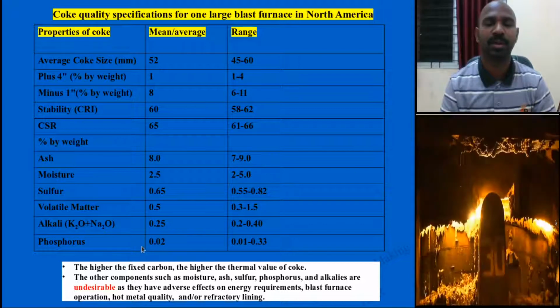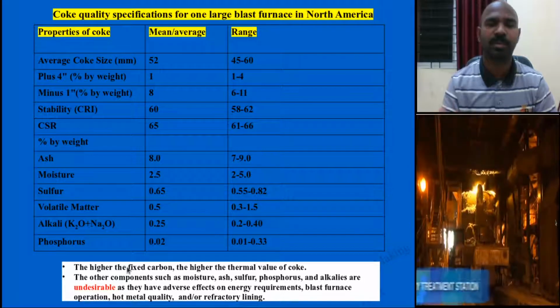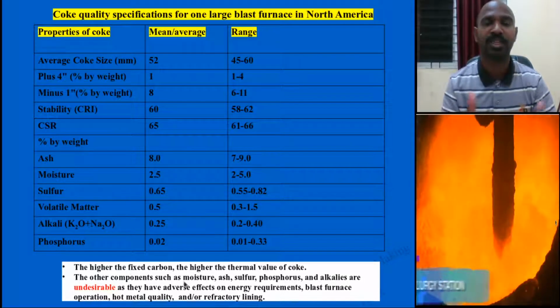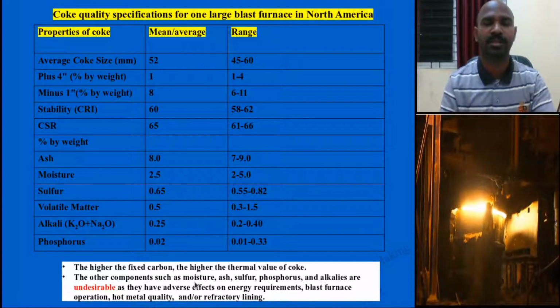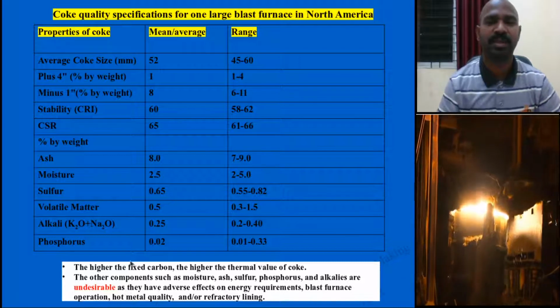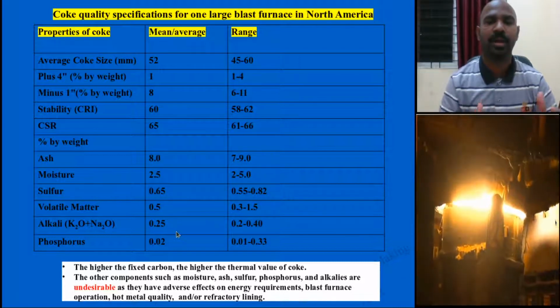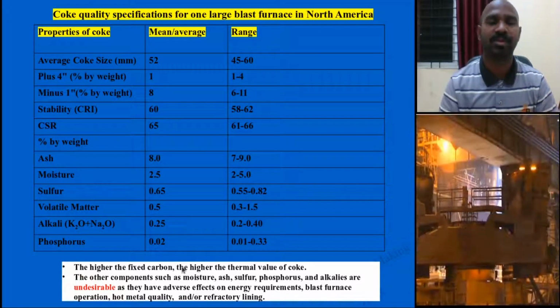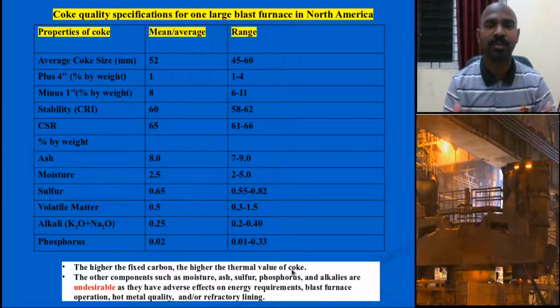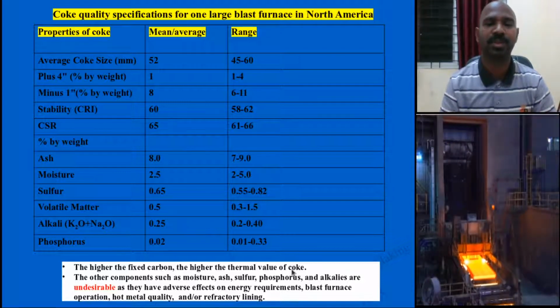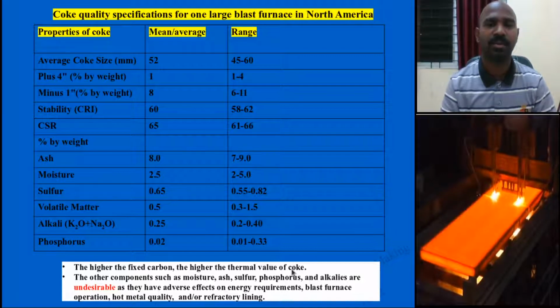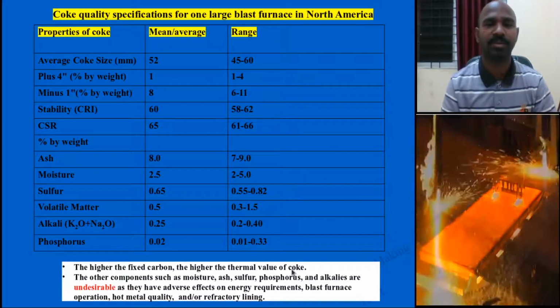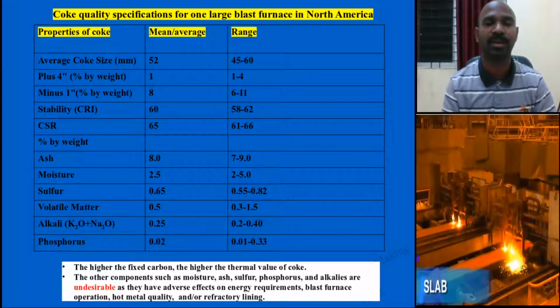Even then, for good quality coke you require higher fixed carbon, high carbon content, but not these other components such as moisture, ash content, sulfur, phosphorus, alkaline, which are undesirable and are supposed to be minimum. Fixed carbon is one of the properties which gives the thermal heat, thermal conductivity, and calorific value of the coke, which is decided by the carbon. So that's why it should be more.